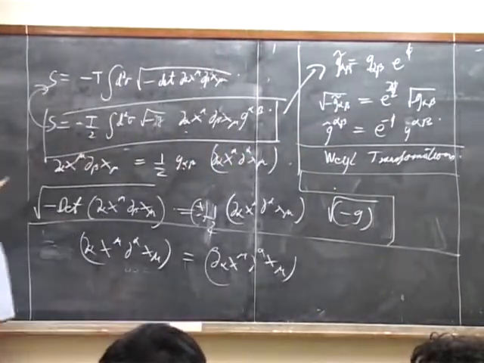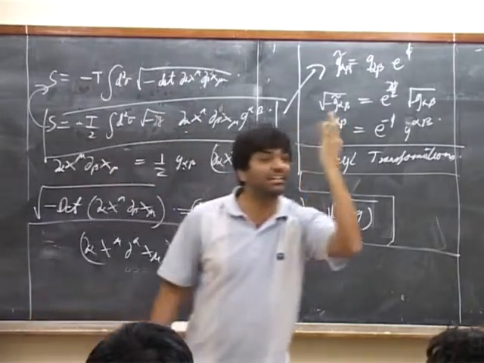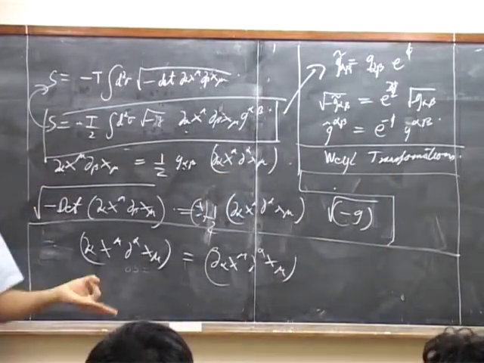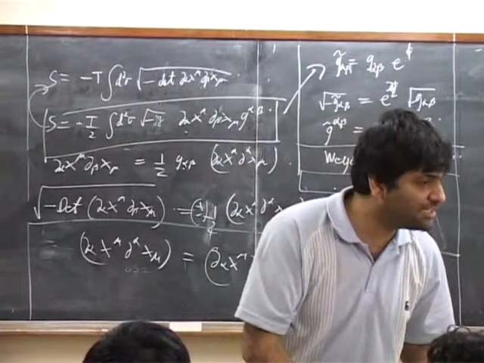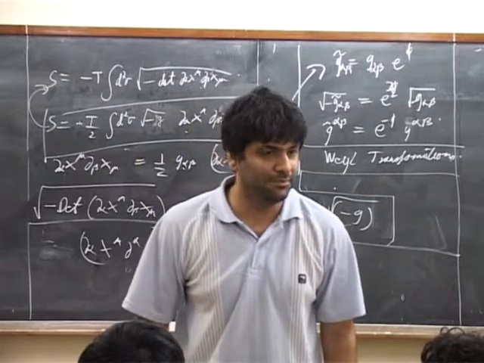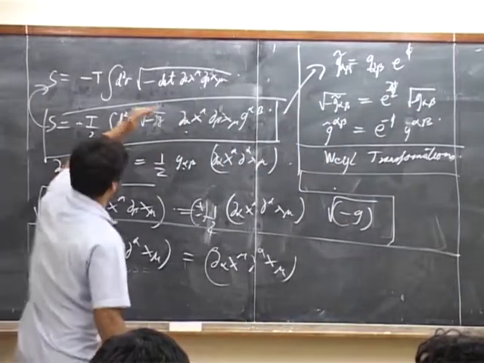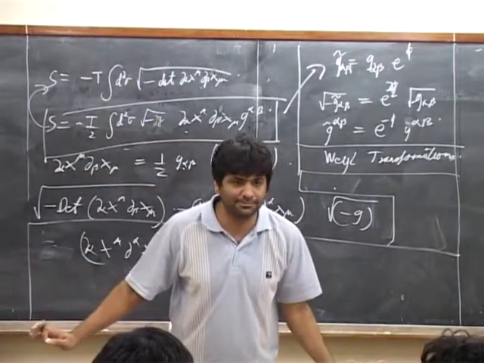Now, once we've gone to this new form of the action, we have inherited a third gauge invariance. Two solutions should be regarded as the same physical solution if they differ by either reparametrization or by Weyl rescaling. It is with this understanding that this action is the same as this action, as a classical dynamical system.